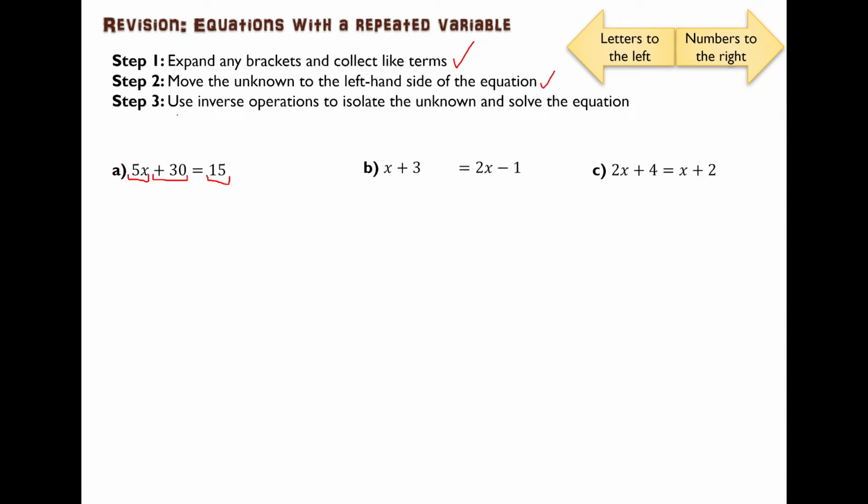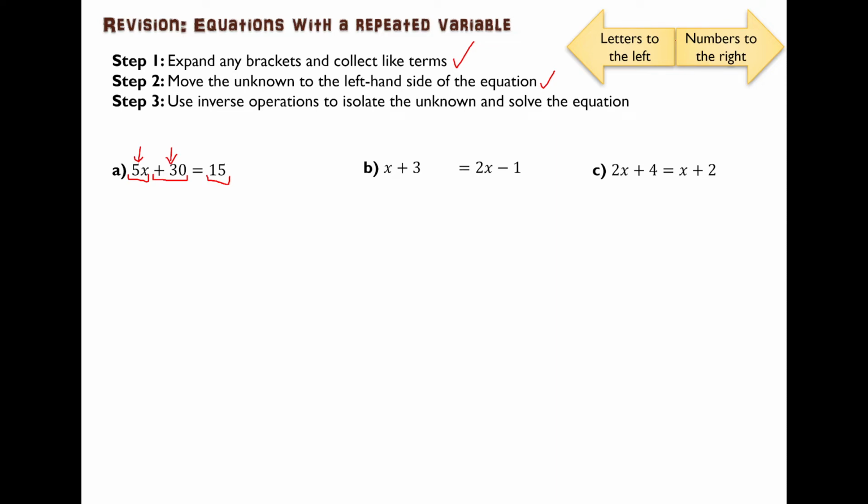Finally, use inverse operations to isolate the unknown, get the unknown by itself, to get x by itself, and solve the equation. So by that, I mean, I'm going to start by using this strategy up here, which is to get all my terms with a letter in them to the left-hand side and all of the other terms to the right-hand side. This term, the 5x, has a letter in it. It is already on the left-hand side. Good. This term is a number term, a constant term.